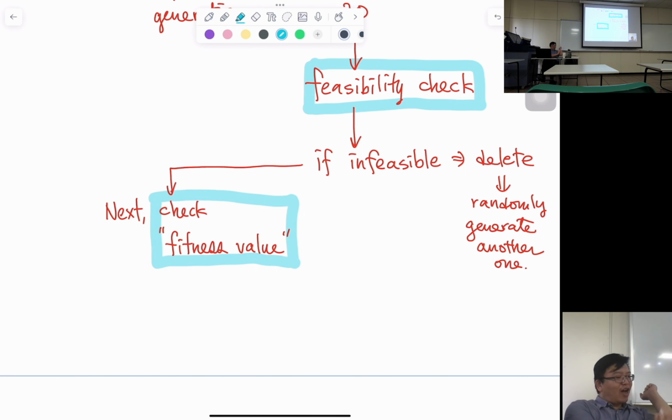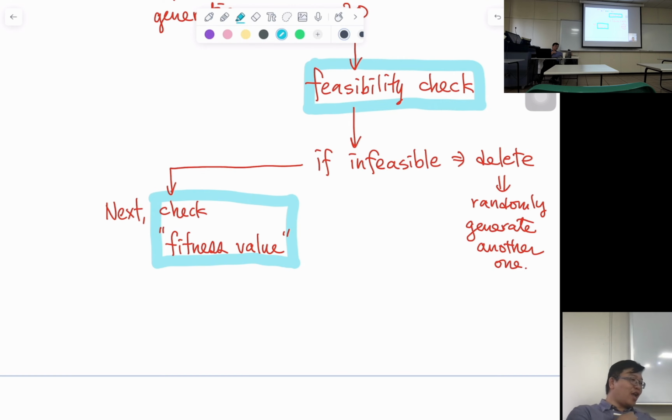You need to define your own fitness value: how fit the chromosome is. If you are not able to define how fit your chromosome is, you cannot continue GA. So basically, it's like giving a score to the design and evaluating how good it is.